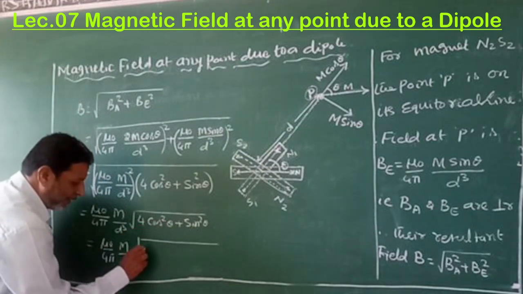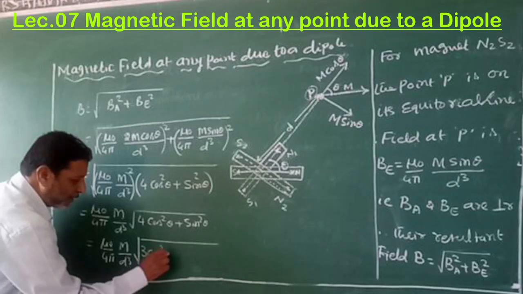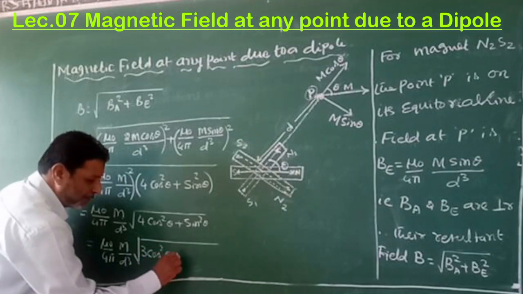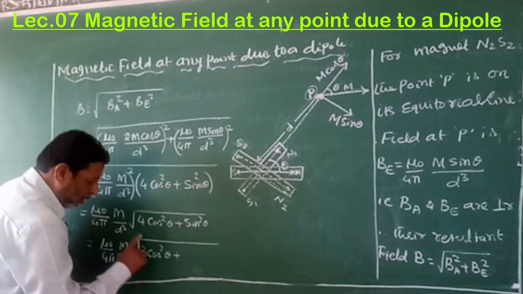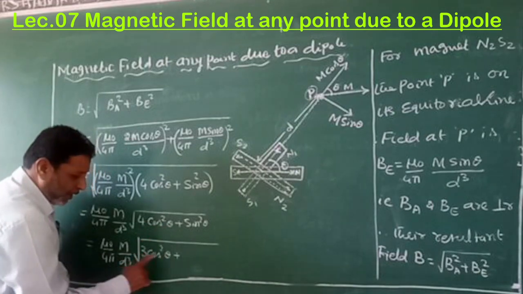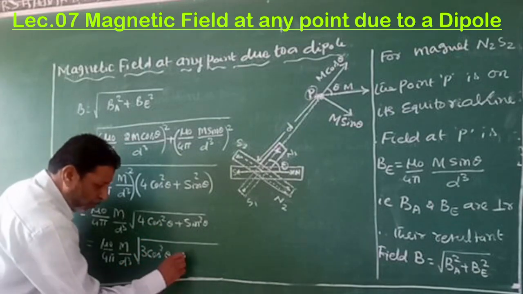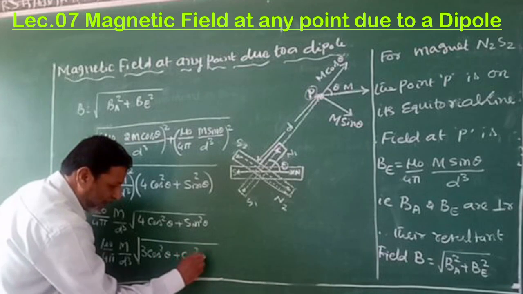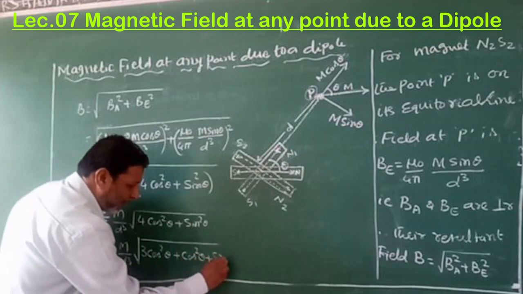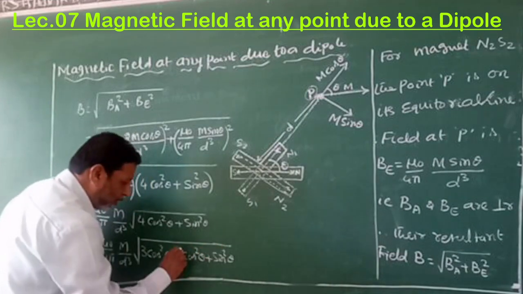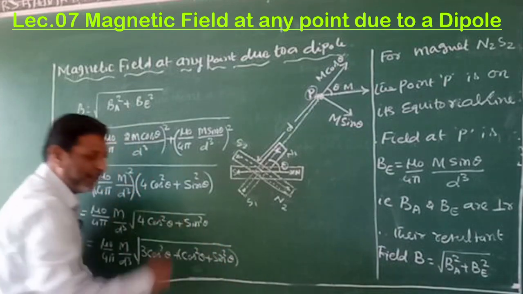I can write it as 3 cos square theta plus cos square theta, since 4 cos square theta is 3 cos square theta plus one more cos square theta that we left here, plus sin square theta. Now I will write this in the bracket like this.